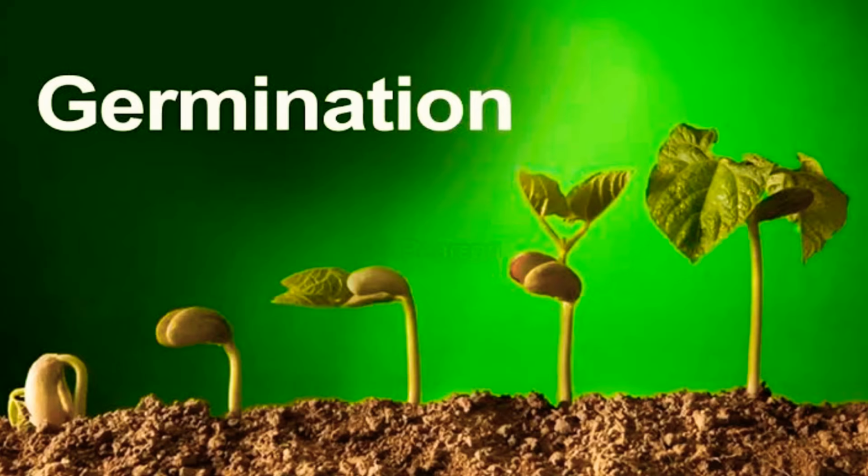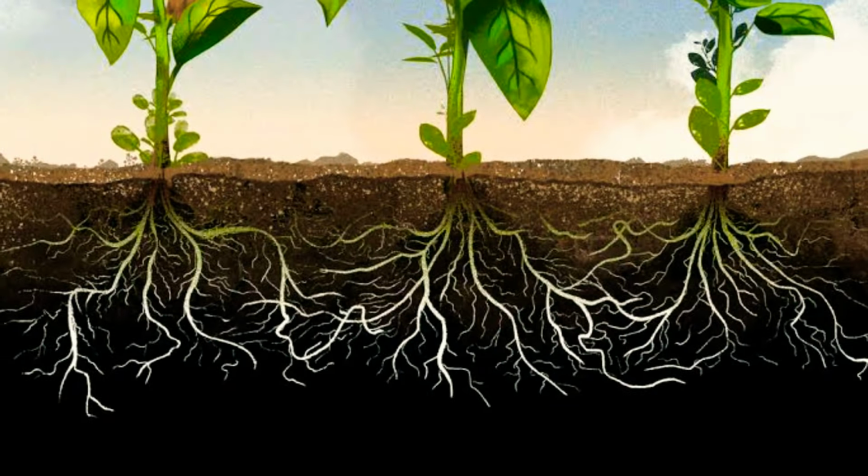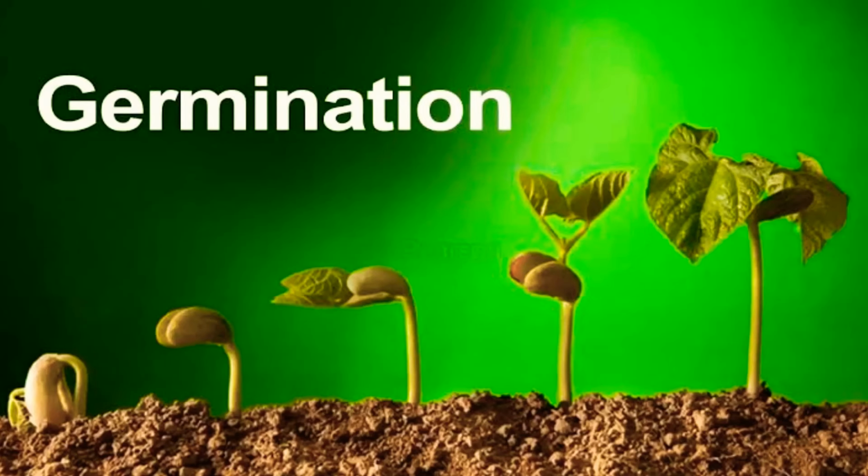When the proper conditions are met for the seed, it will begin to sprout. The first root begins to grow downward. There are tiny hairs on the roots, which absorb water and minerals from the soil. The process of the sprouting of a seed, usually after a period of dormancy, is called germination.